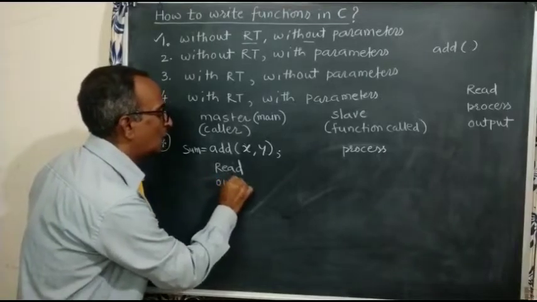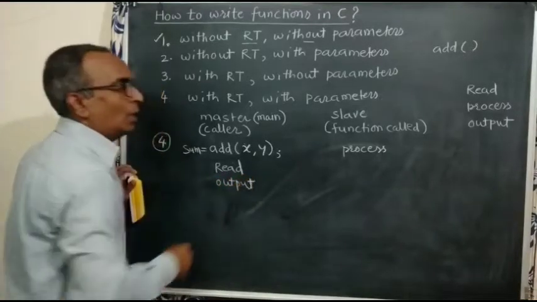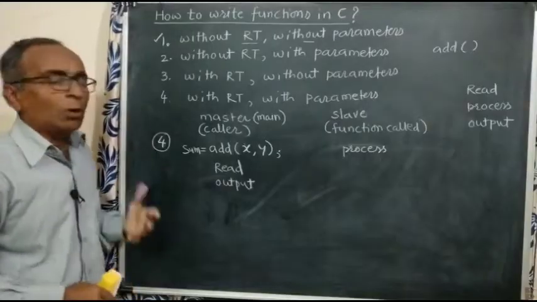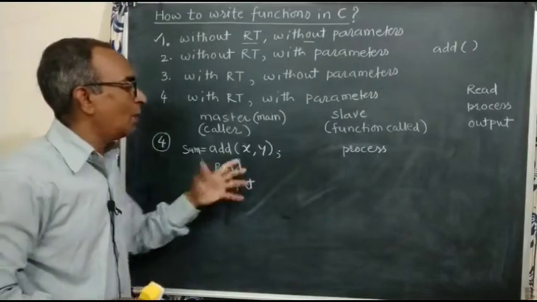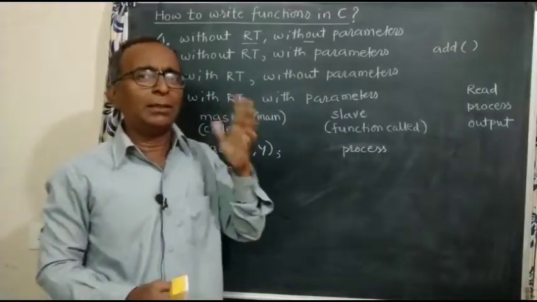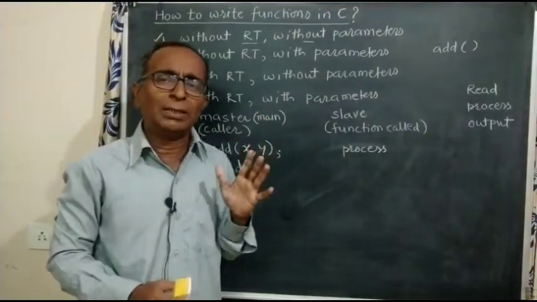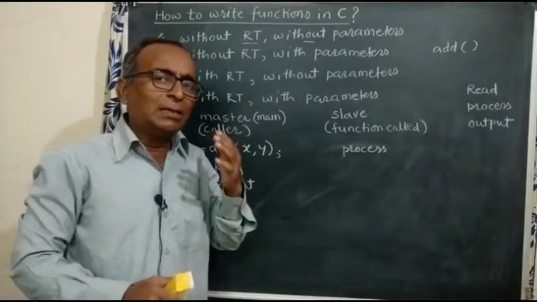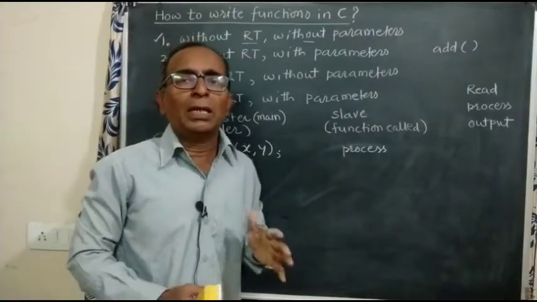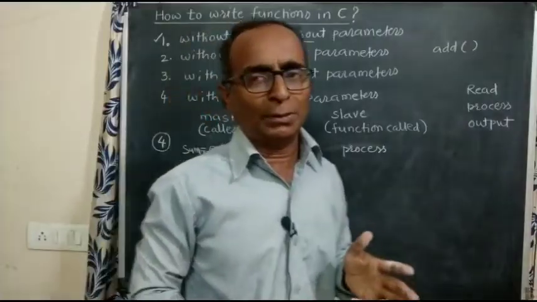This master only. So depending on that, you have to think in this way only, master-slave relationship, and who should do what. If there is clarity, then you can write any functions.